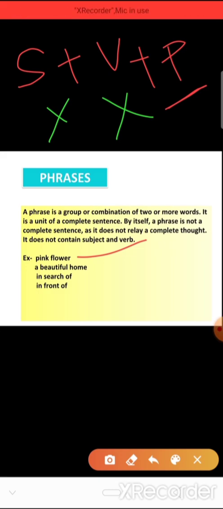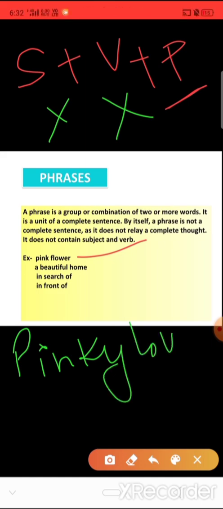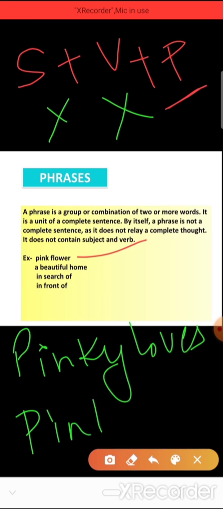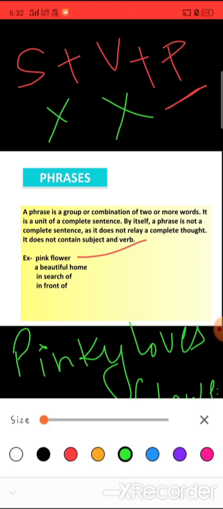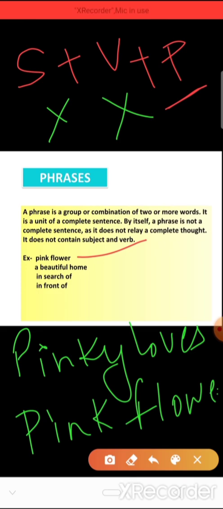If we add a subject and verb to the pink flower, will it make sense? Let's see that. If I write, Pinky loves pink flower. Here we can say that we are talking about Pinky.